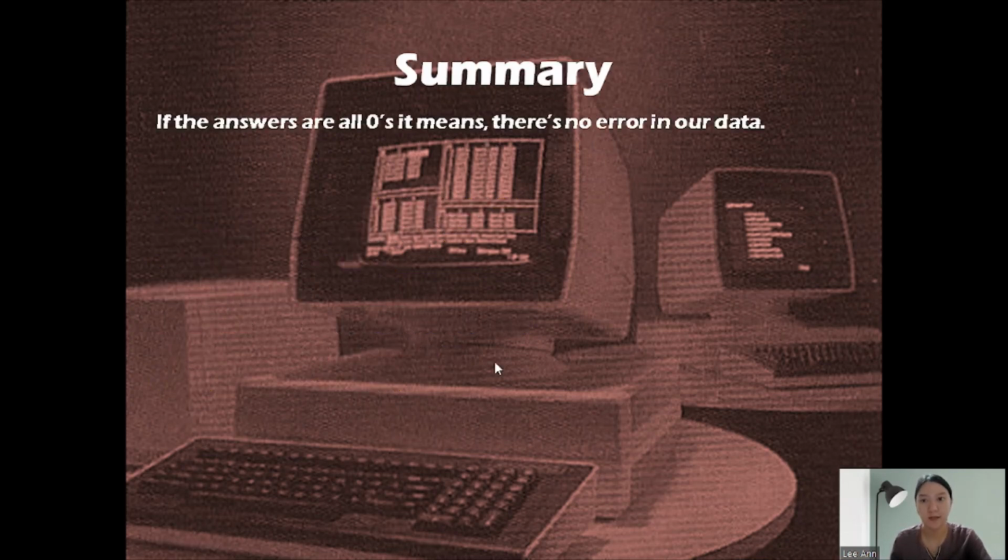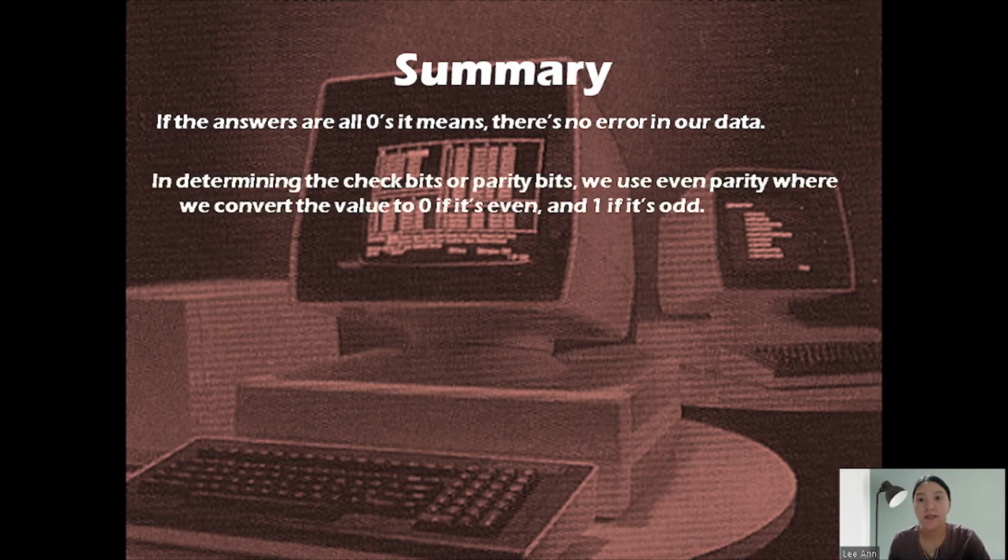And for the summary, if the answers are all zeros, it means there's no error in our data. In determining the check bits or parity bits, we use even parity, where we convert the value to 0 if it's even and 1 if it's odd.